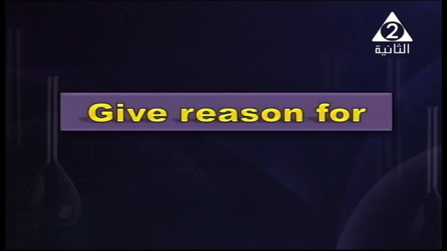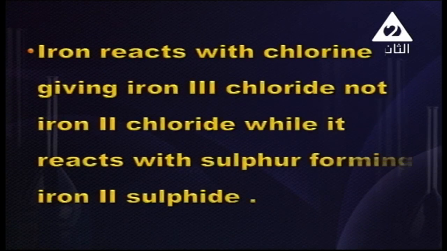Next type of question is give reason for the following. Iron reacts with chlorine, giving iron 3 chloride, not iron 2 chloride, while it reacts with sulfur, forming iron 2 sulfide.